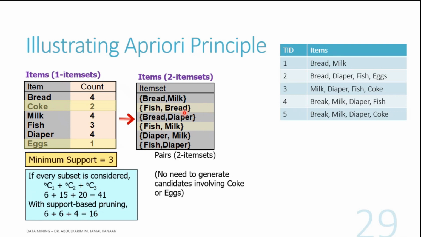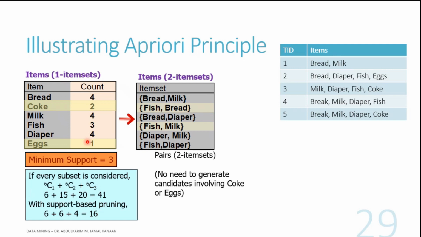So we end up having these candidates of 2-item sets, okay? And notice none of those item sets have Coke or egg, according to the principle, so we already eliminated them. But if you are following the brute force approach, no, you would include Coke and egg in the 2-item sets. So you see the difference in how Apriori starts by taking out items, so that we don't generate useless item sets.